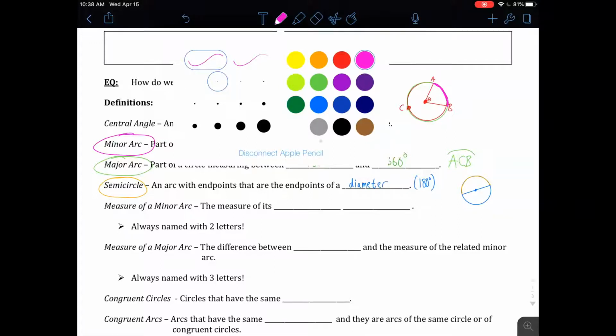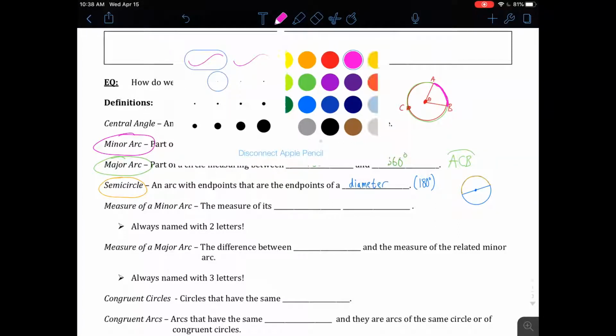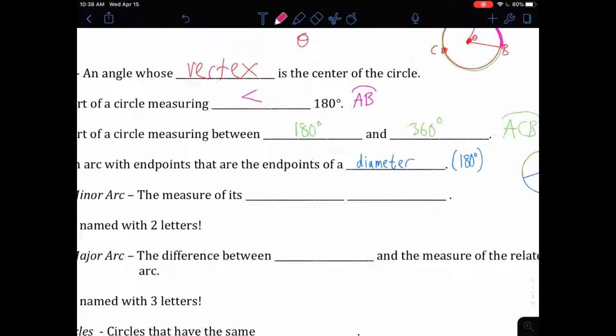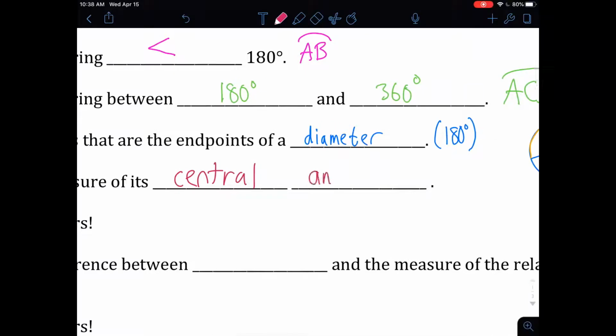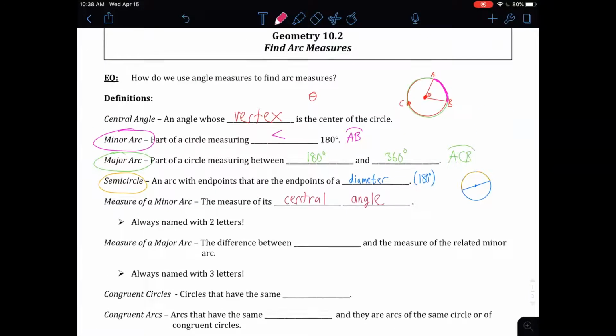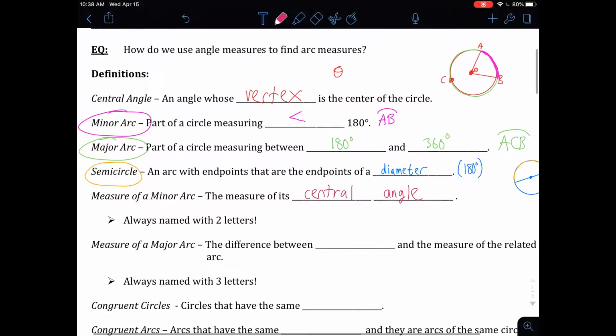So the measure of a minor arc, let's use a new color here, is going to be the measure of its central angle. Its what? Central angle. Basically where the angle meets in the center of the circle, that's going to be the measure of the minor arc. It's always named with two letters. So for example, the measure of a minor arc is going to be measure, with the little m like we do with angles, of AB.